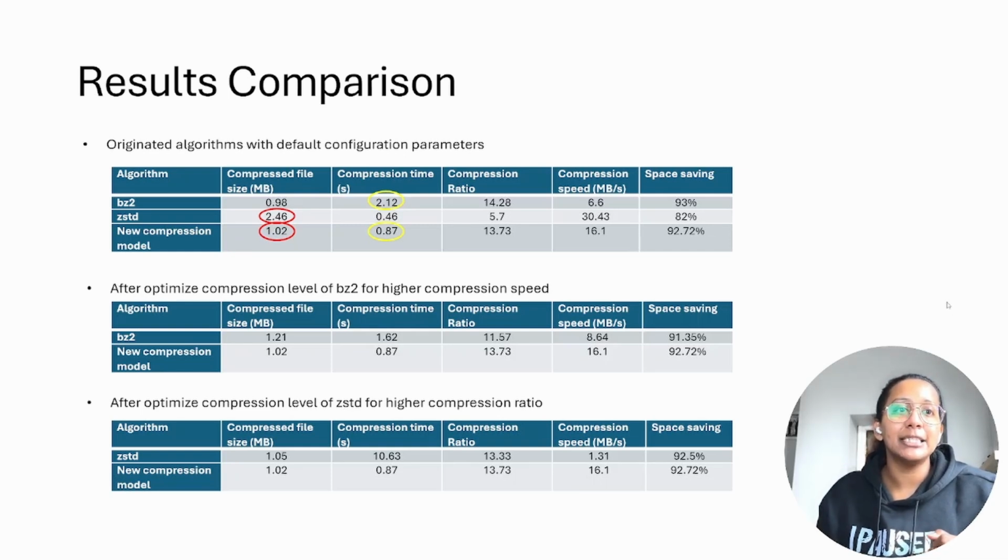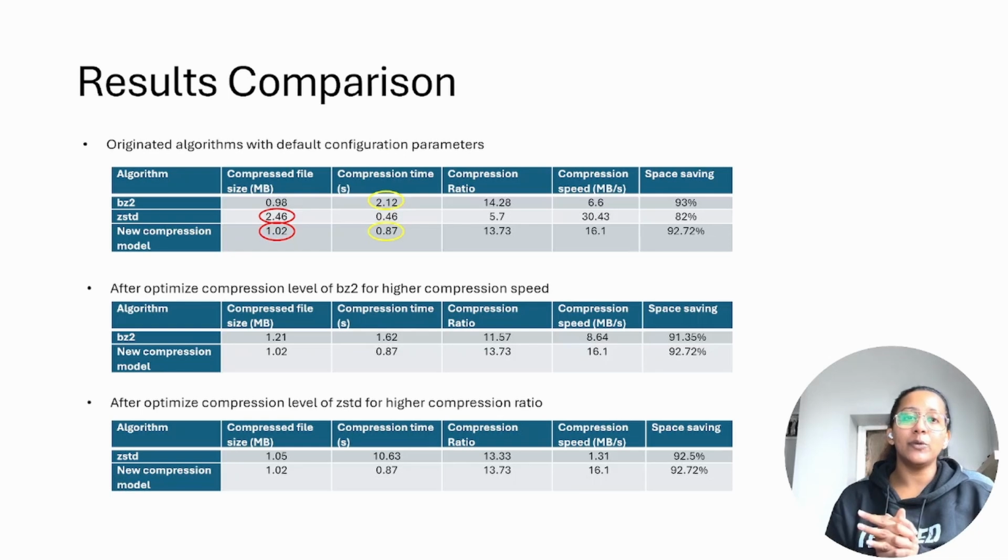Then I have tried to obtain a lower compression time like the novel compression model with BZ2, but it only reached 1.62 seconds as its highest speed, and at that point it increased its compressed file size as well. Also, I have tried to achieve a lower compressed file size like the novel compression model with ZSTD.